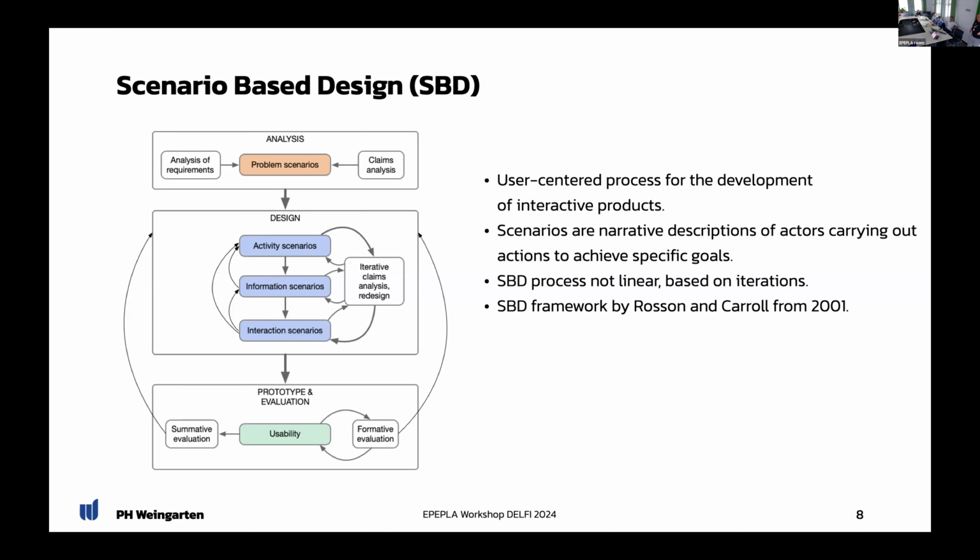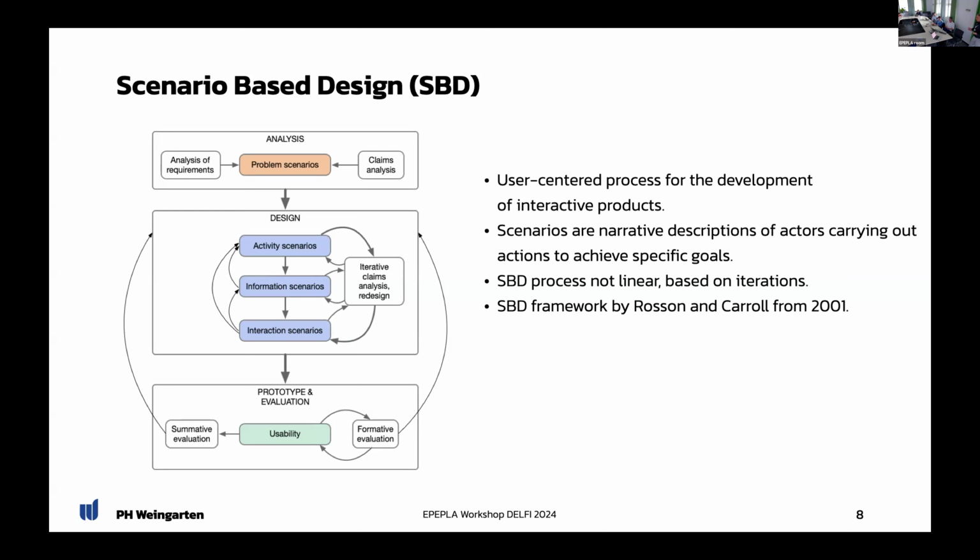It's a three-phase model. First the analysis, where we build our problem scenarios. Then we have the design phase with different phases of sub-scenarios. Activity is just the first scenario, which can be the solution. And they are elaborated more and more. And in the end, we have interaction scenarios where there's interaction, like the name already says.